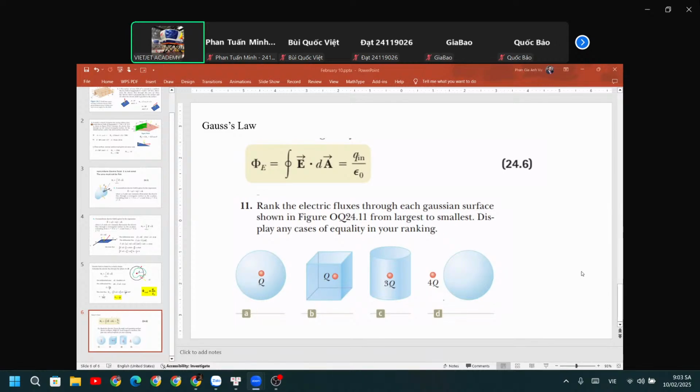So we have some sphere, we have the box, we have the cylinder, and the electric charge for the A, B, and C case is inside the box. Just for the D is outside. So let's rank the electric fluxes from largest to smallest.